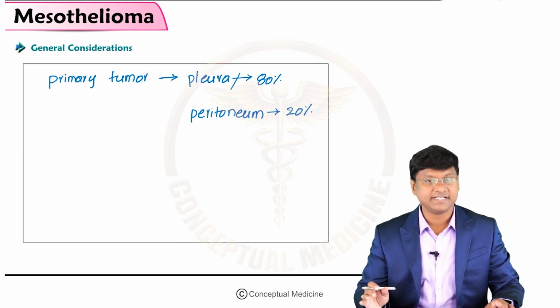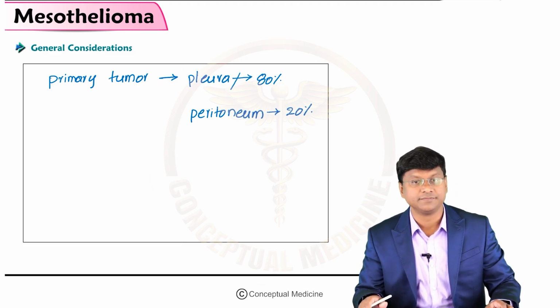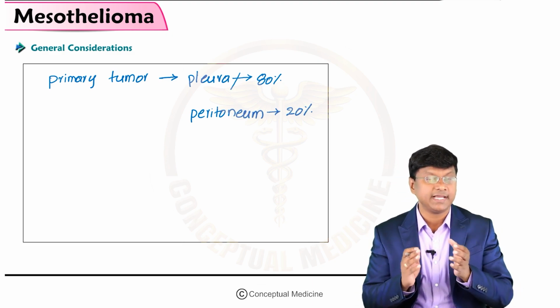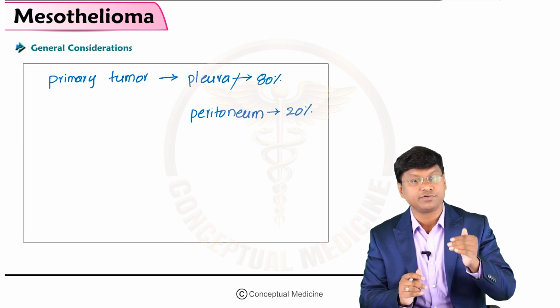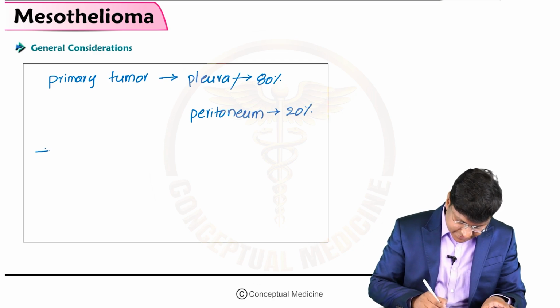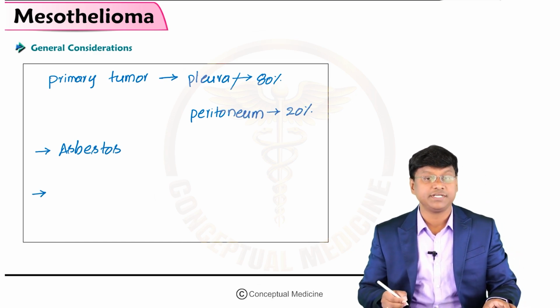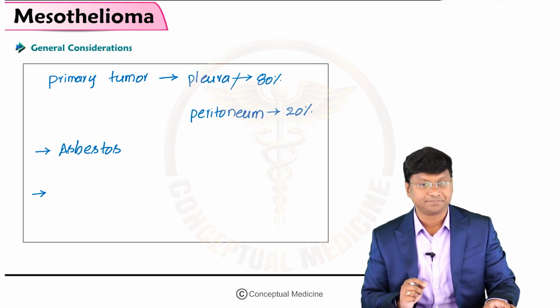Now, what is the important etiology for the development of this mesothelioma? Numerous studies have confirmed the association of malignant pleural mesothelioma with exposure to asbestos.